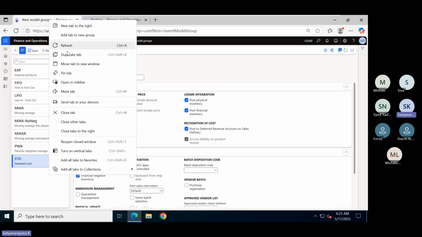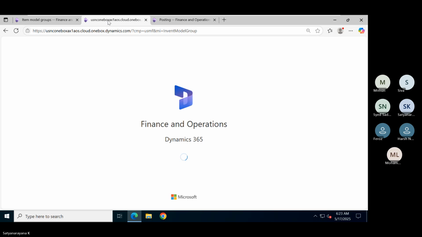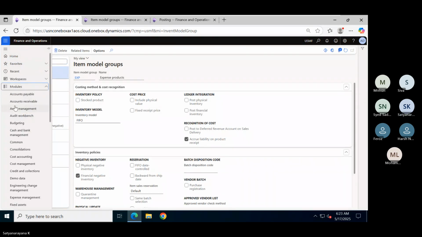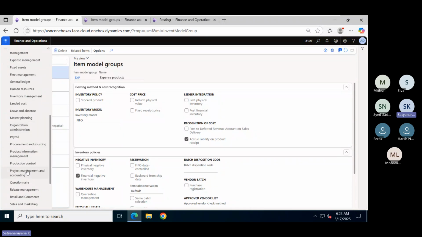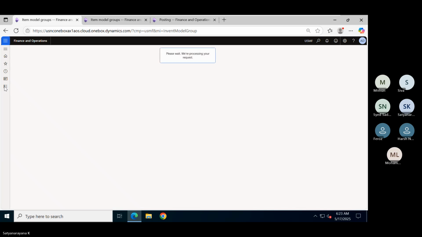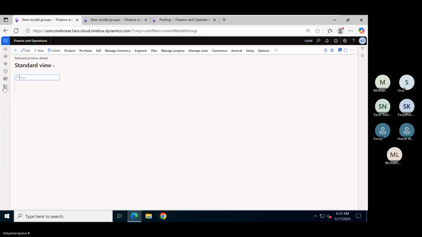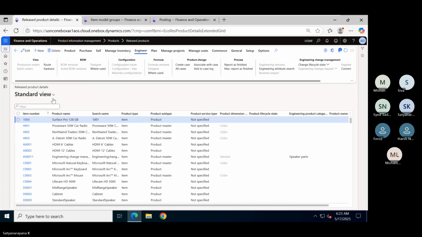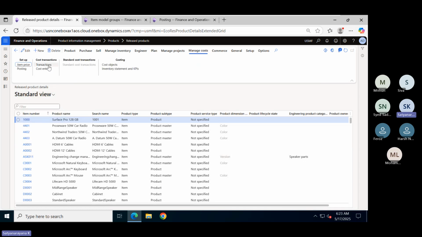Now, whenever we are doing released products, if you go to product information management, released products, in this case, if it is a standard cost method, we need to understand manage cost, item price.